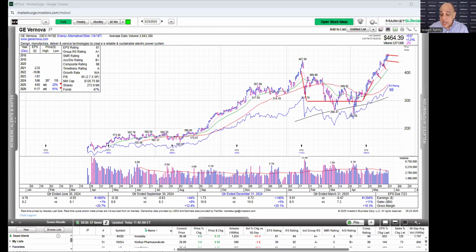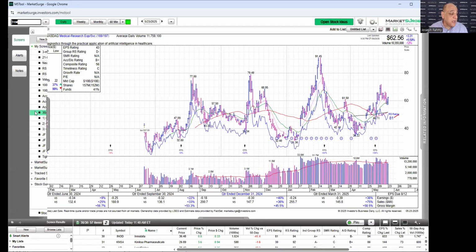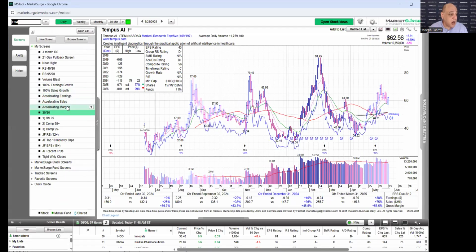How did you find TEM? Which screen did it appear in? Great question. I don't know specifically. It might have been in one of my relative strength screens, because I do have a relative strength, and I don't know, maybe that's too low of one. It could have been in an IPO screen. There's some others I run, like accelerating margins, because I'm not going to go through balance sheets of every single company.